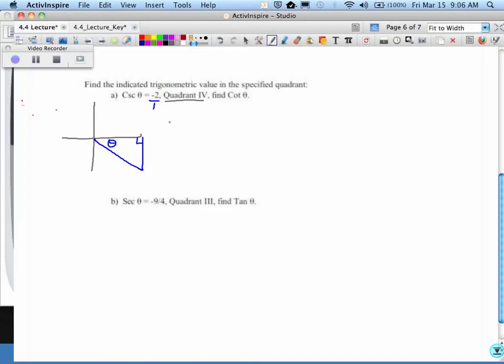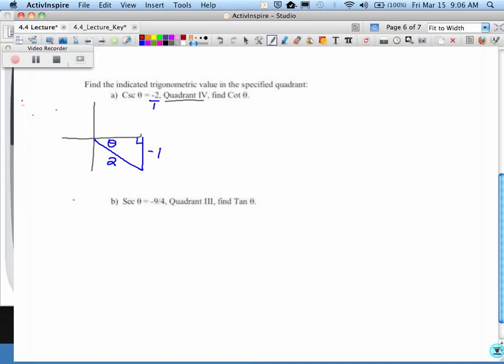No, the hypotenuse is positive. Put the 2 on the hypotenuse and the 1 on the opposite side. Which one gets the negative sign? The 1, because it's going down. That's why I said earlier don't just take the negative and drop it in. What's the missing side? 2 squared minus 1 squared is 3, so the square root of 3.